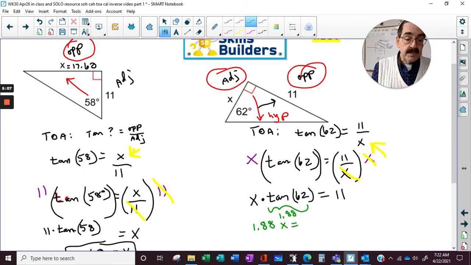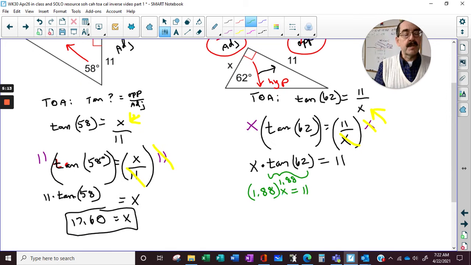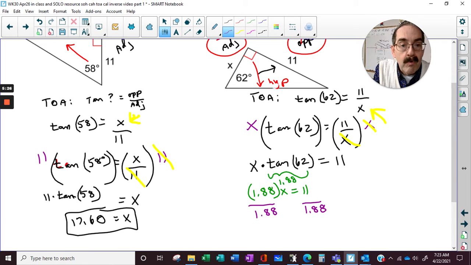So now I have 1.88x equals 11. Well, I know how to get rid of a multiplication. What's the opposite of multiply? Divide. So take both sides and divide by 1.88. 1.88 divided by 1.88 is 1. Anything divided by itself is 1.